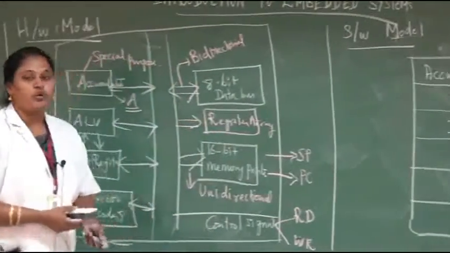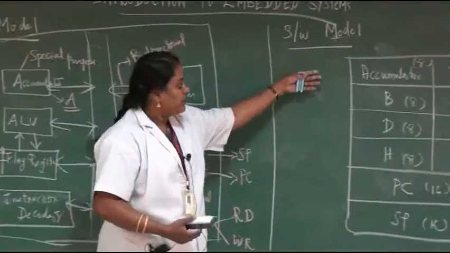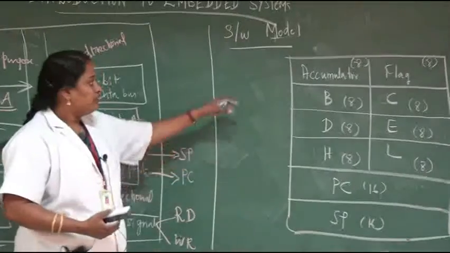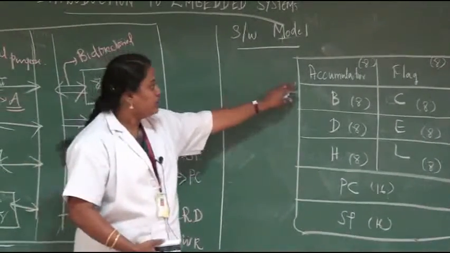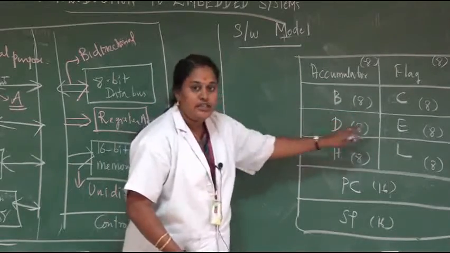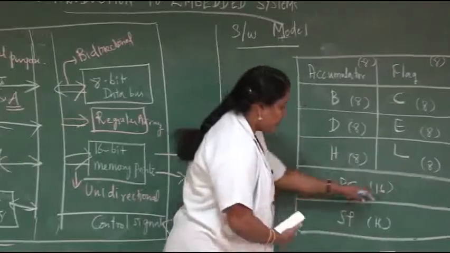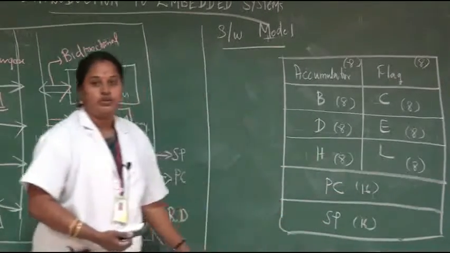And this is the software model of a processor, which is going to include the collection of registers. When we look at the diagram, we have an accumulator, we have a flag register, we have BC register, DE register, HL register, and PC, which stands for program counter, and SP is the stack pointer.